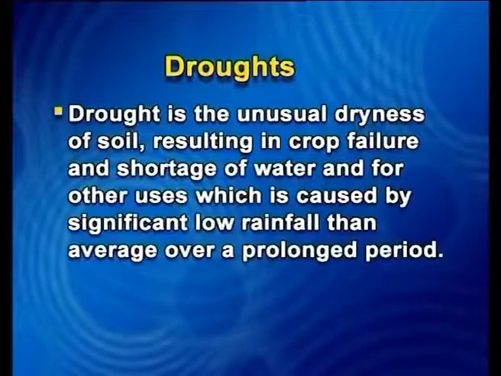Droughts. Drought is the unusual dryness of soil, resulting in crop failure and shortage of water and for other usage, which is caused by significantly lower rainfall than average over a prolonged period.